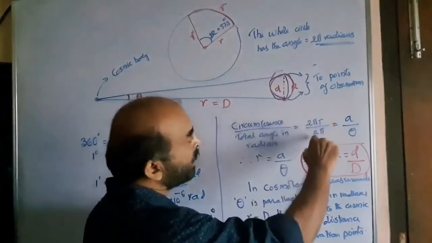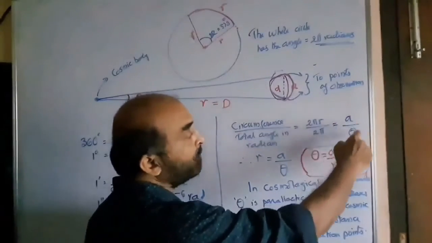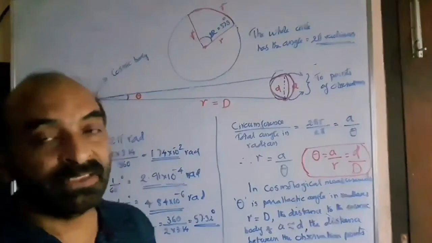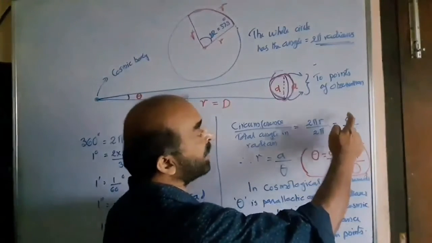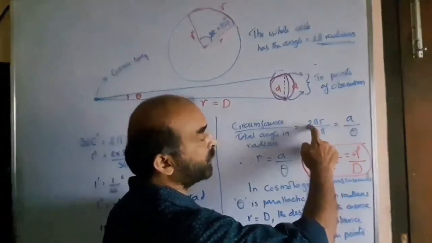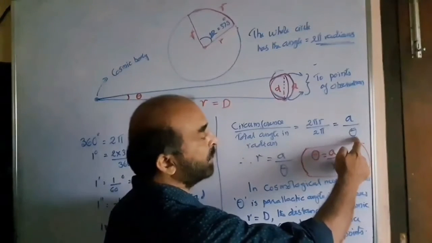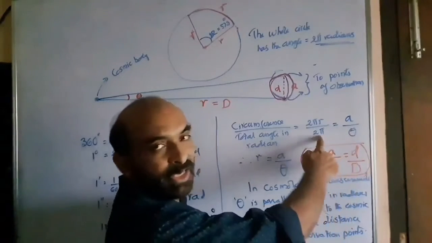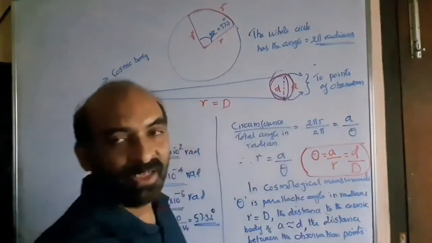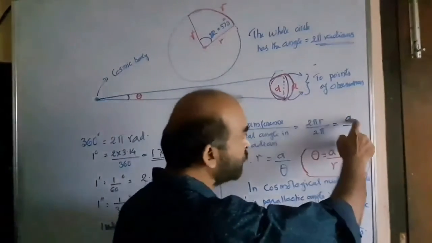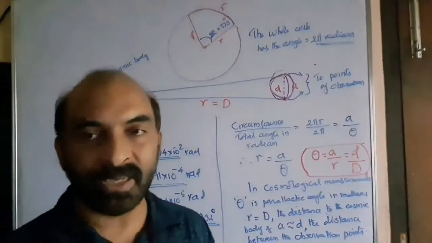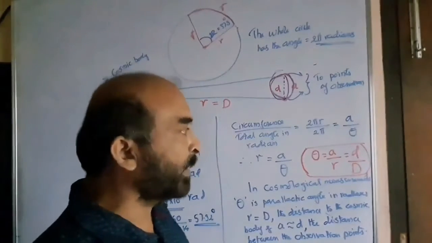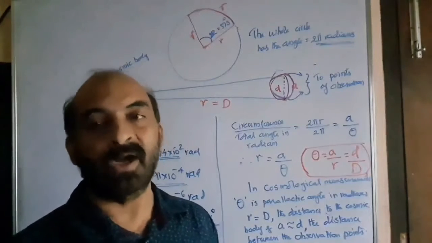So 2 pi r by 2 pi and A by theta must be the same because they are in proportion. When A increases and becomes the total circumference 2 pi r, theta increases and becomes the total radian angle 2 pi. You got the logic? Since numerator is proportional to numerator and denominator to denominator, these two ratios are the same. 2 pi r by 2 pi is equal to A by theta.